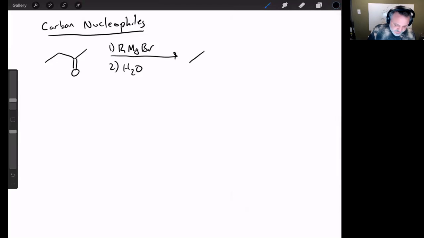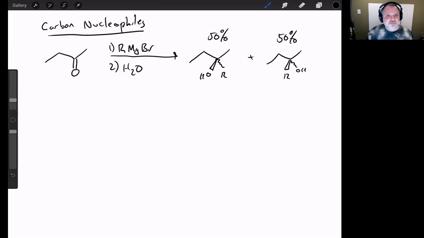We know the mechanism associated with Grignard. And so I want to remind everybody that if we're dealing with an unsymmetrical ketone, you will end up with both versions of the stereoisomers in a 50-50 racemic mixture.